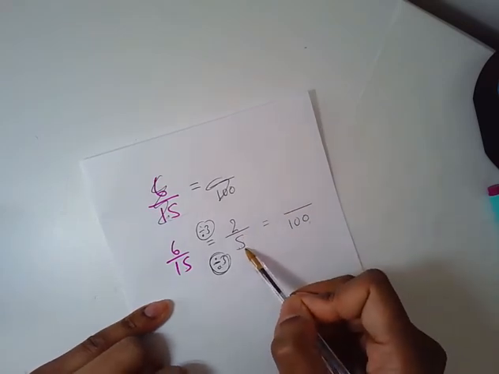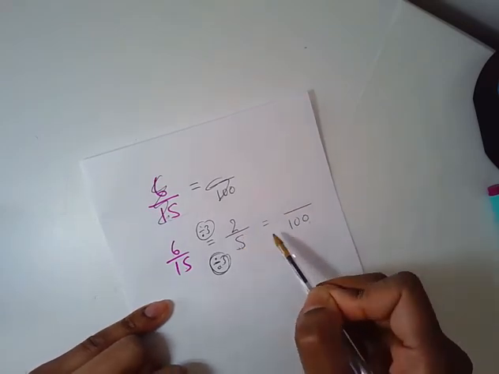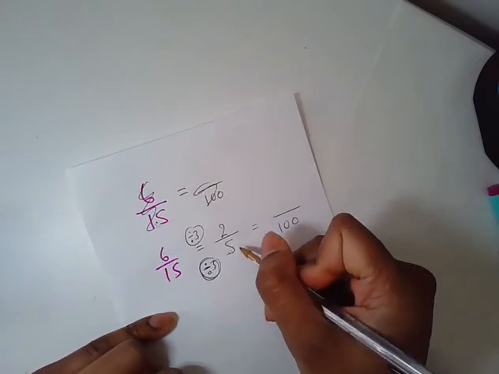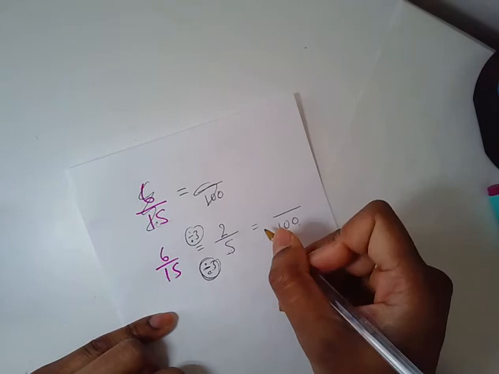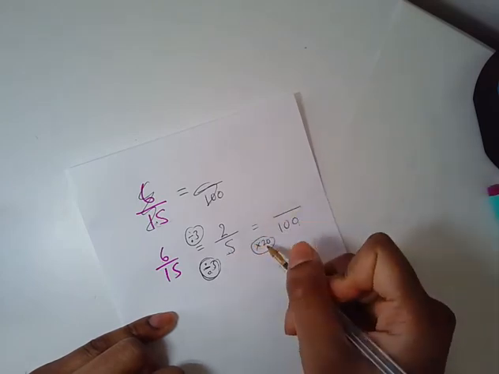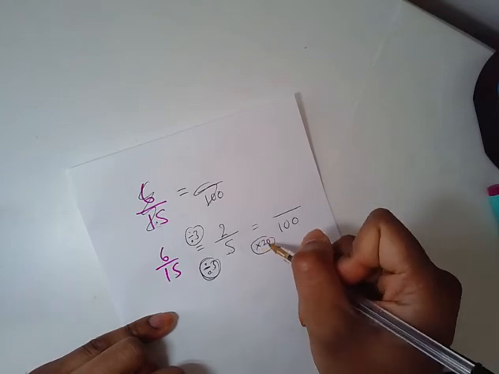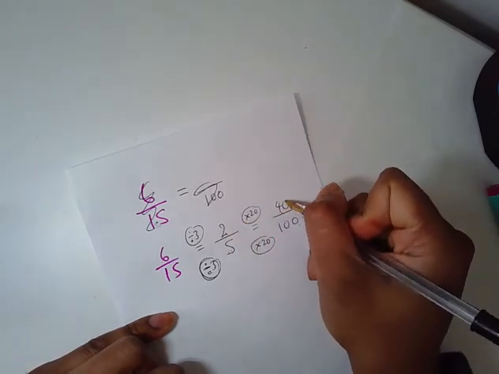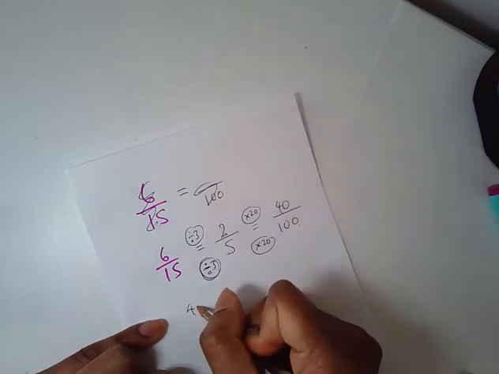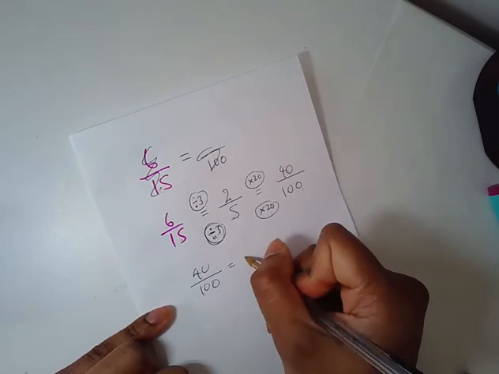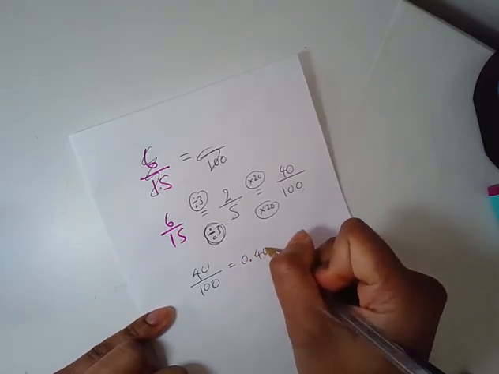Now this becomes easier. What do I do to the 5 to make it into 100? What do I times by? Or how many 5s go into 100? You can say times by 20. 5 times 20 is 100. Whatever I do to the bottom, do to the top. 2 times 20 is 40. That's 40 out of 100, 40 hundredths, which you can call 0.40 or just 0.4.